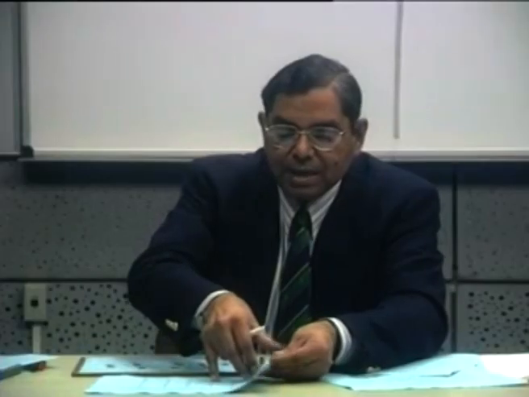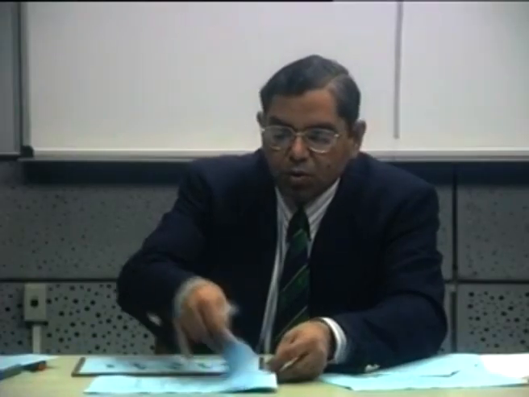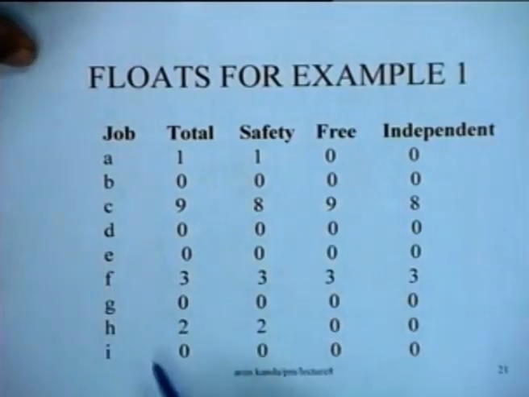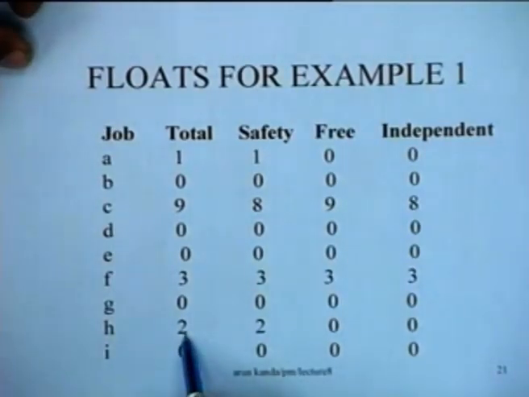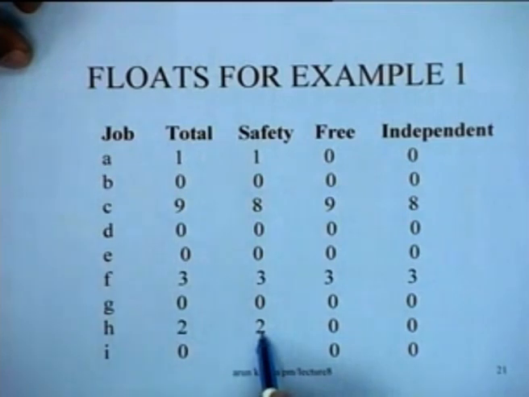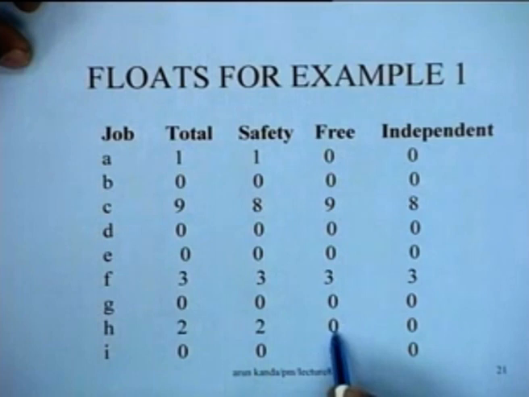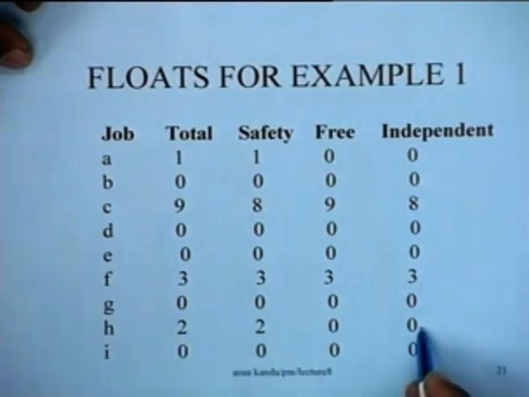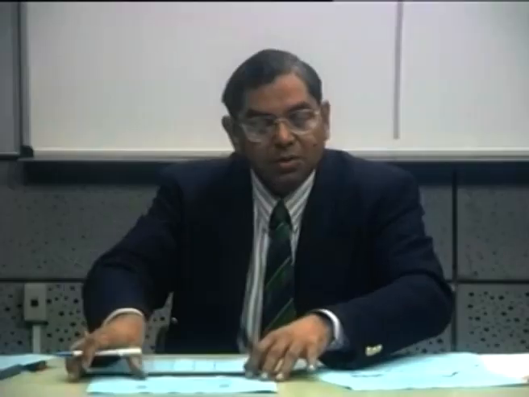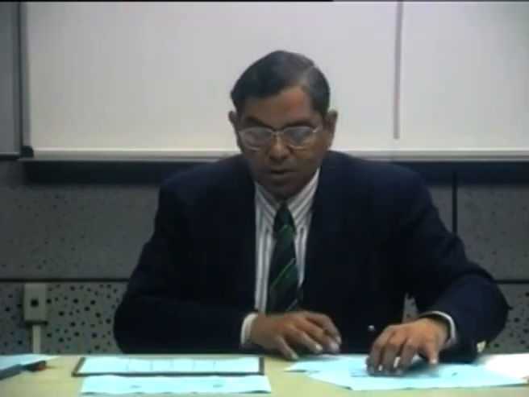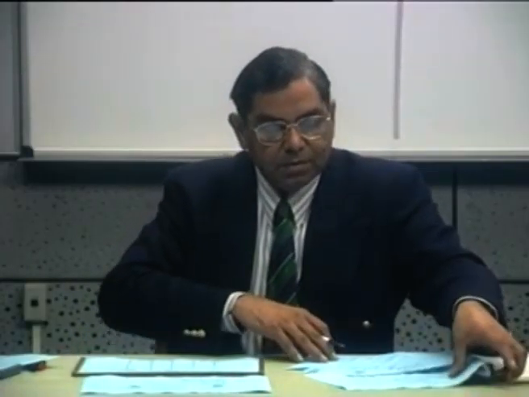So for this activity the total float is 2, the slack on the preceding node is 0 so the safety float is 2, and the free float is 0 because 2 minus 2 is 0, and the independent float is also 0. So this is how we can actually compute all the floats for the example.